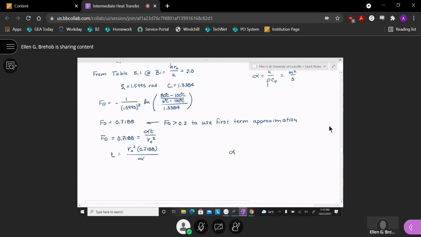And I have a side calculation that alpha is K over rho Cp, and those were given in the problem statement. So alpha is 1.7 times 10 to the minus 7 meters squared per second.